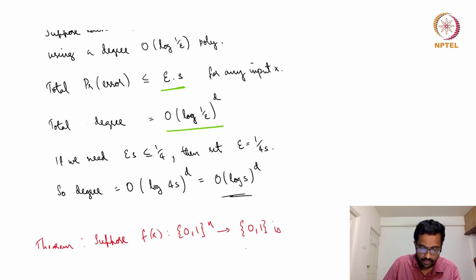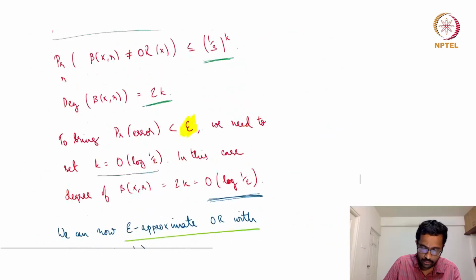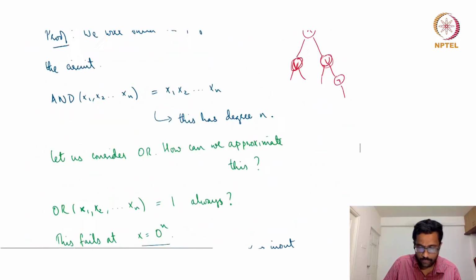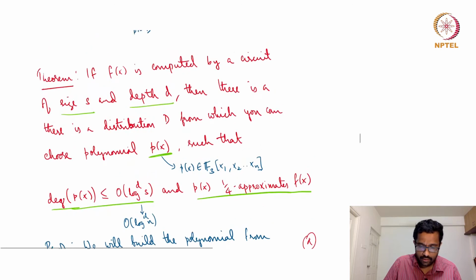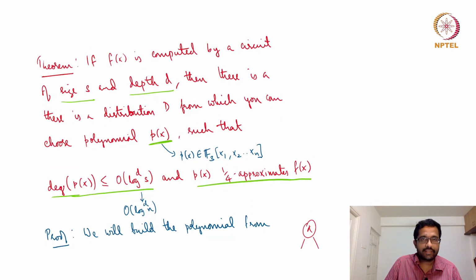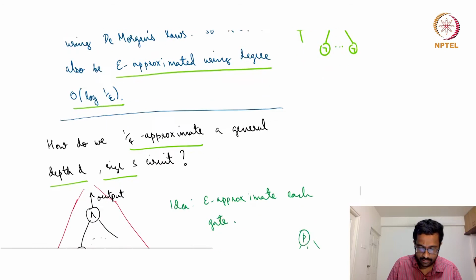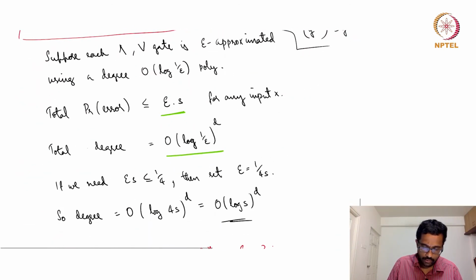Now, what was the target again? The target was to show that for any size s and depth d circuit, you can 1 by 4 approximate it using a log s whole power d degree polynomial. So 1 by 4 was the target error. So all you need is epsilon s to be 1 by 4.